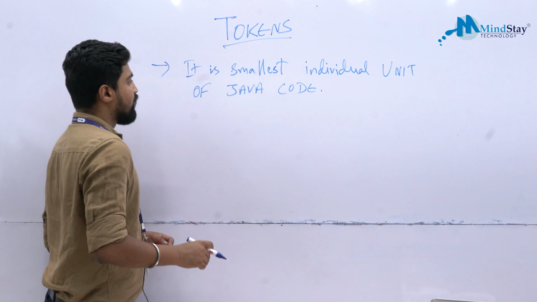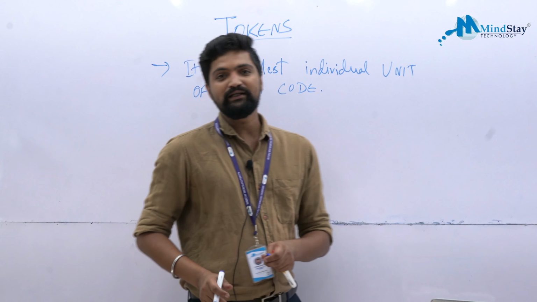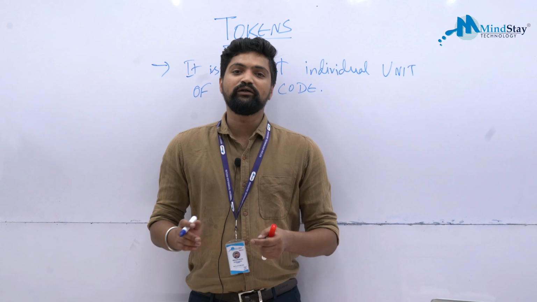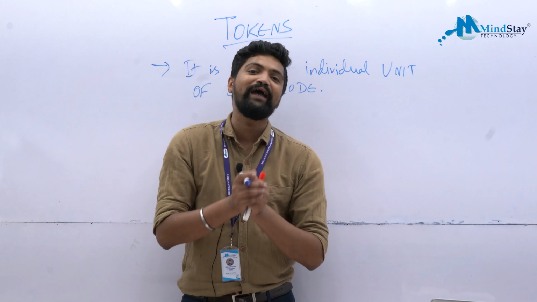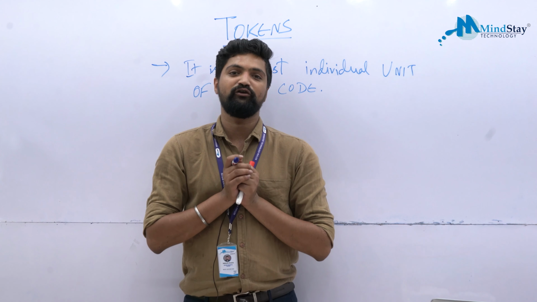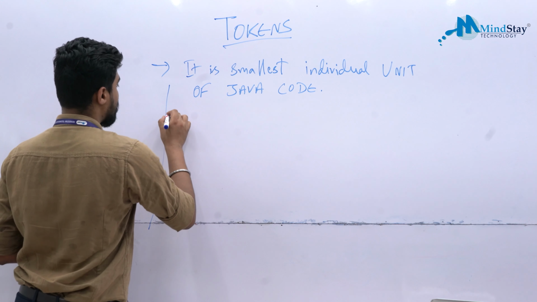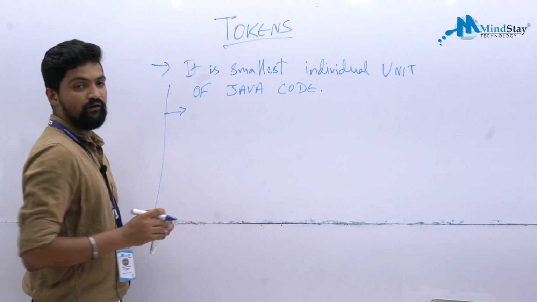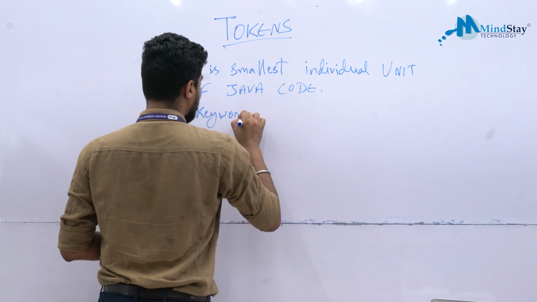Okay, now it is the smallest individual unit of Java code, which means that tokens are of different types, or of 5 types, and those 5 types, if you make it together, you have the Java program in front of you. Now what are the 5 types of tokens? First of all, we have keywords.